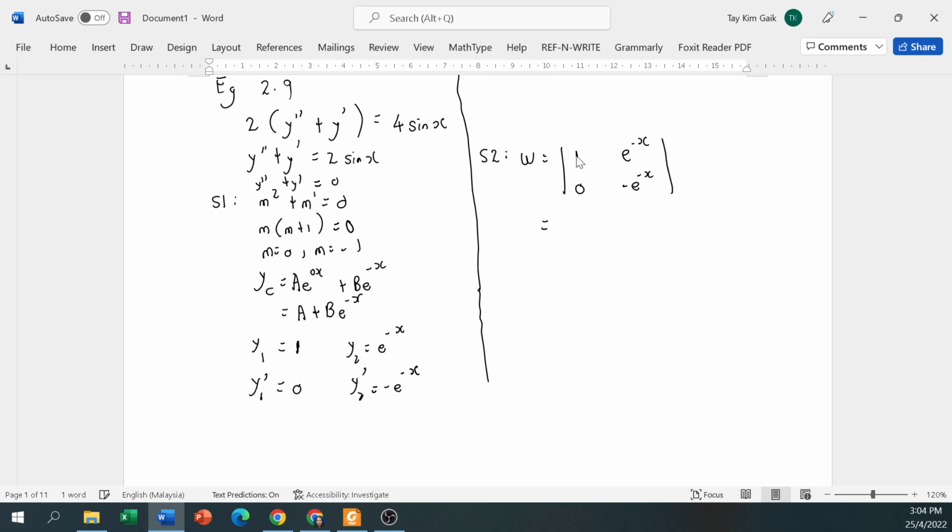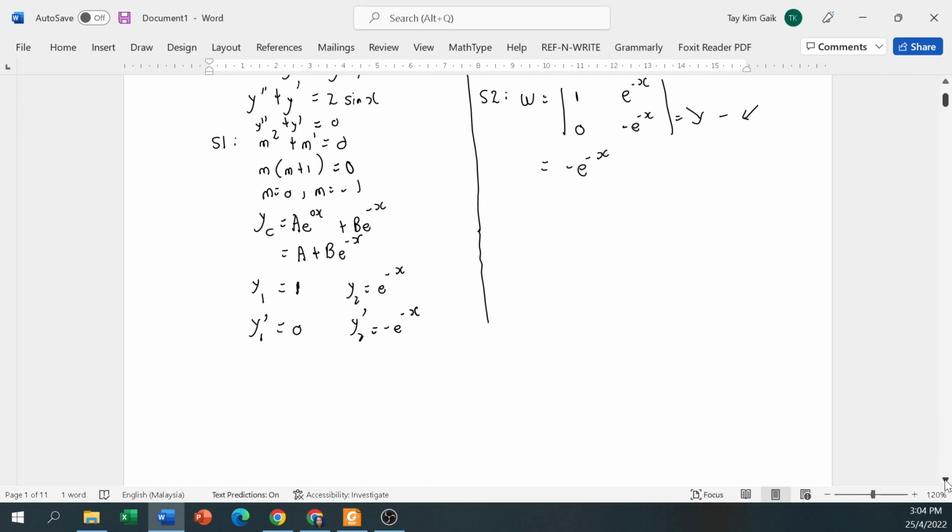Like you're finding the determinant, you take the main diagonal minus the product of the other diagonal. So 1 times negative exponent -x, you get negative exponent -x. The product of the other diagonal, you get 0. So the Wronskian that you obtain is negative exponent -x.